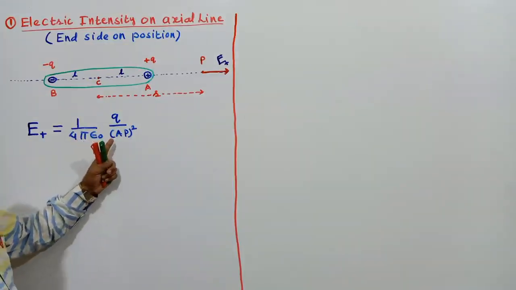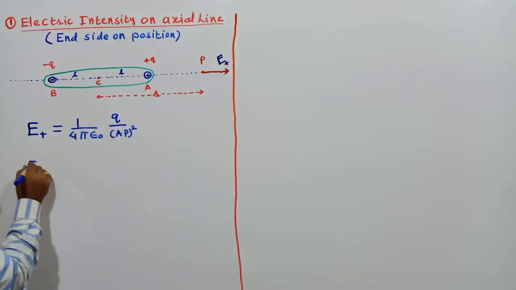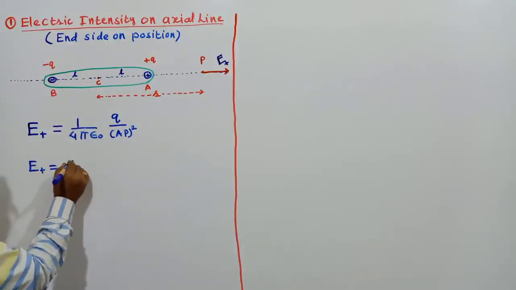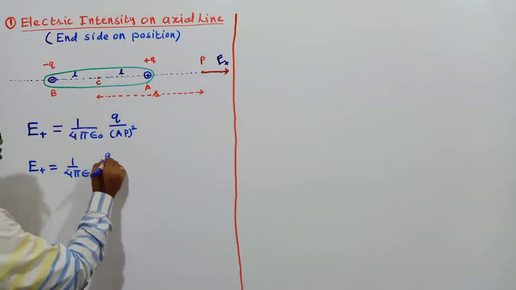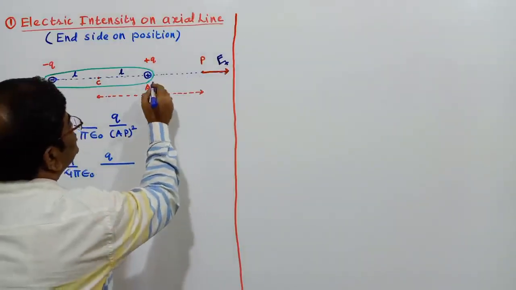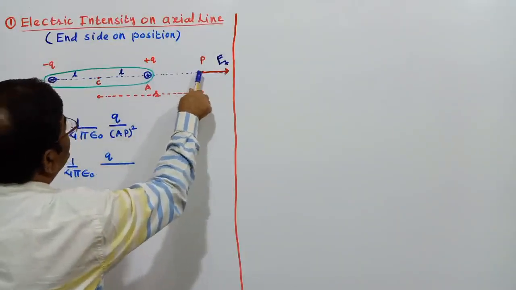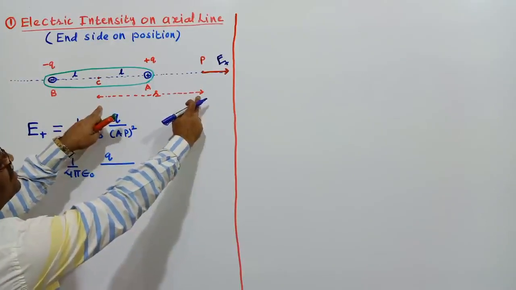Let me substitute this AP value from the figure. So I get E plus equals 1 upon 4 pi epsilon 0 Q divided by AP. Look here, children. This distance I need. This total I know. How much is total? R. This I know.